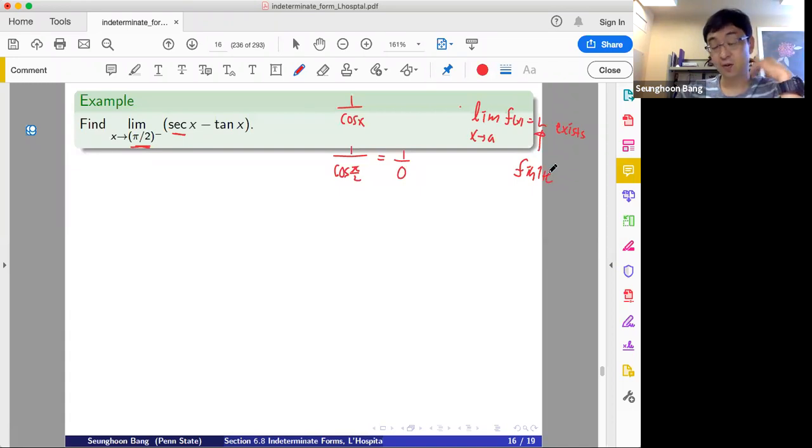Only the definition. If L is infinity, the limit value does not exist. The infinity is not a finite number. What's infinity? It's not finite. So not in the real world. The infinity is not in the real world. So this is like does not exist. Only the definition.